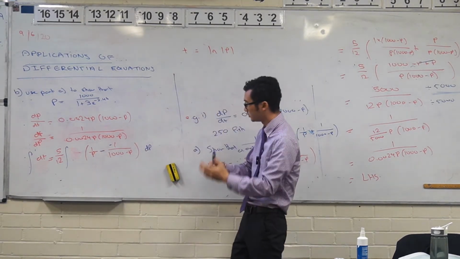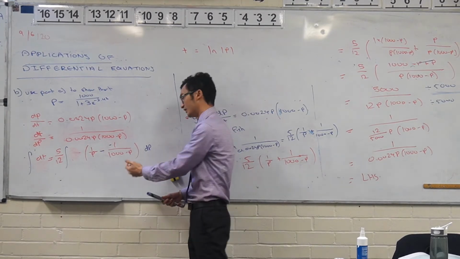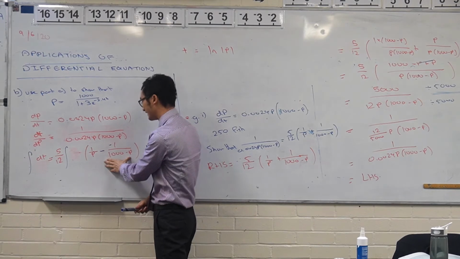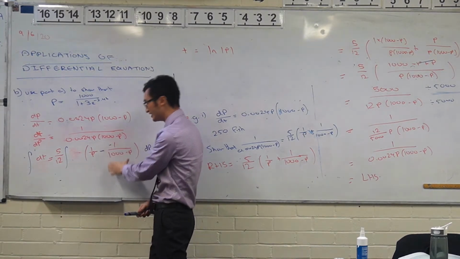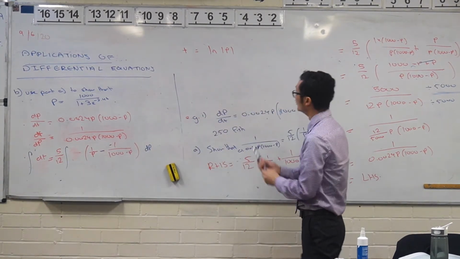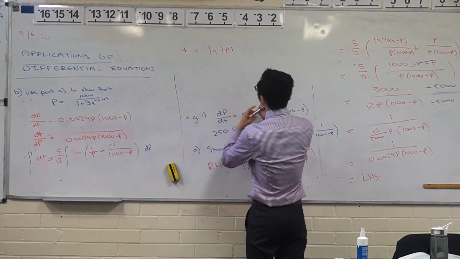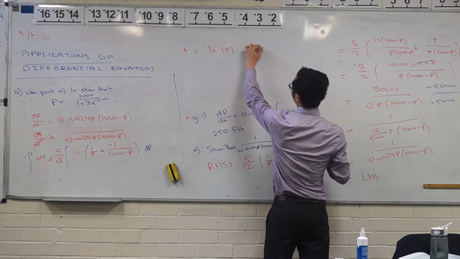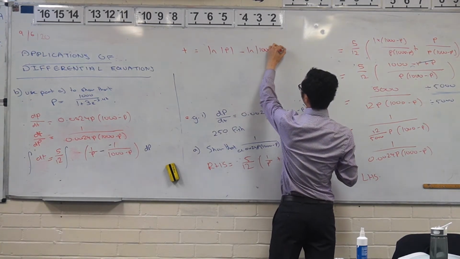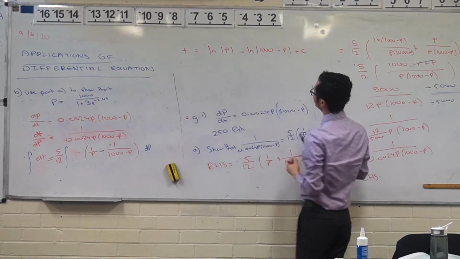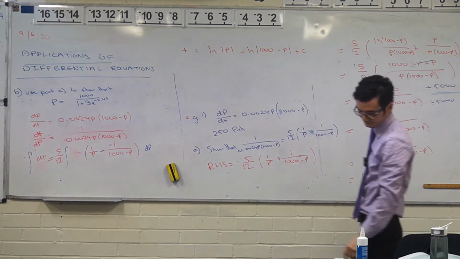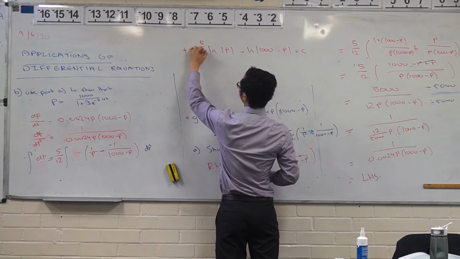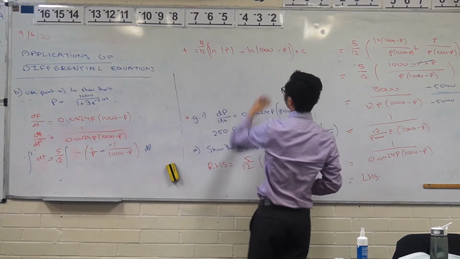Because the whole thing should be plus 1 on 1000 minus p, but when you have the manipulation done this way, you can now integrate this as a logarithm, and it will be just minus ln of 1000 minus p, and don't forget your constants there, okay? Oh, and I need 5 and 12, so that's what happens when you skip steps. You just forget things.